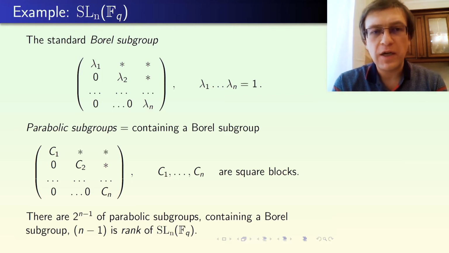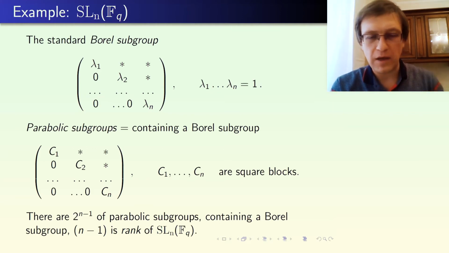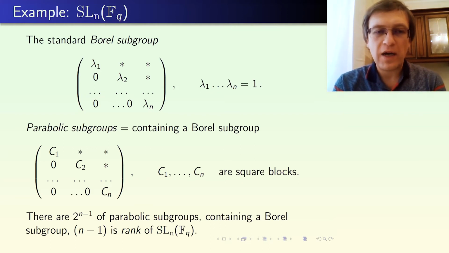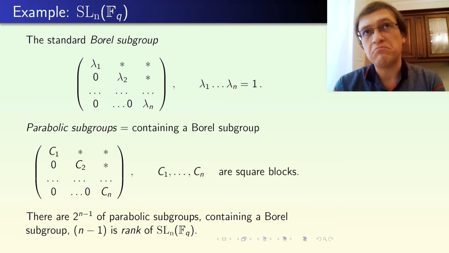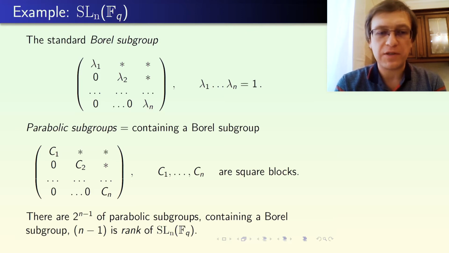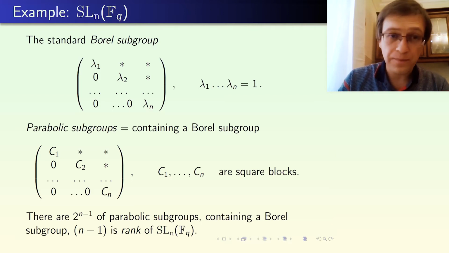You have square blocks and any elements above these blocks. One can show easily that there are 2 to the n-1 parabolic subgroups. For example, in SL2, we have just SL2 and the subgroup of upper triangular matrices. And this number n-1 is called the rank of the Chevalley group. I don't want to define it precisely either.